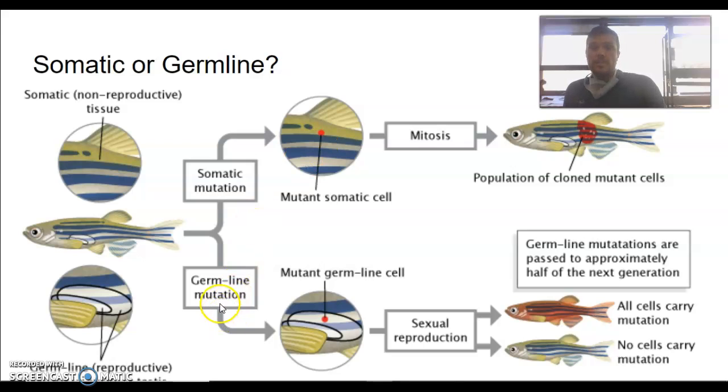If it's a germline mutation, that's a change in the DNA in either the egg producing cells or the sperm producing cells, and that is going to get passed along to offspring. So somatic versus germline is going to be really important when you're thinking about what kind of mutation you're talking about, because one of them is likely to be passed along and one of them is unlikely to be passed along.